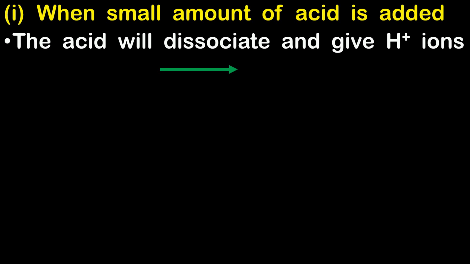And as it is giving H plus ions, can I say that the molar concentration of H plus ions is going to increase in the buffer solution? And if the molar concentration of H plus ions increases, then the pH value will also change. But as we all know, the speciality of a buffer solution is to not allow the H plus ions to change the pH value.